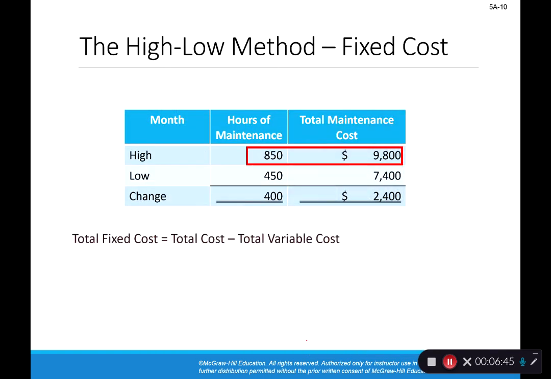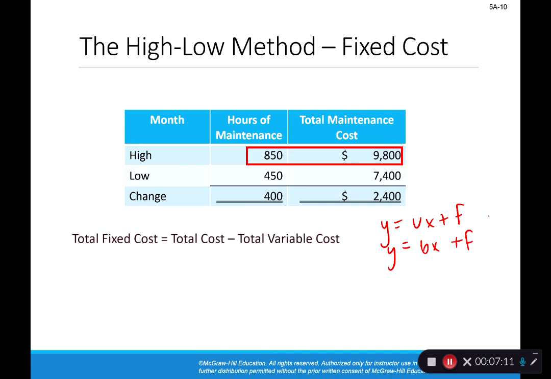Then what I have to do is enter that $6 per unit in for V in my cost formula. So Y equals Vx plus F, Y equals 6x plus F.